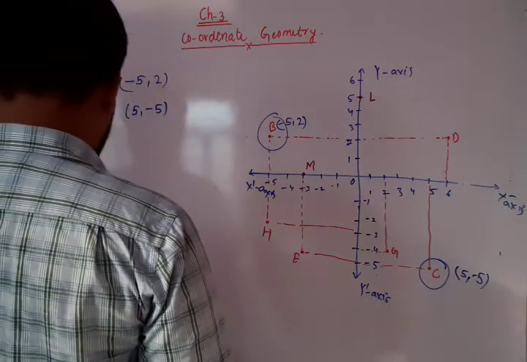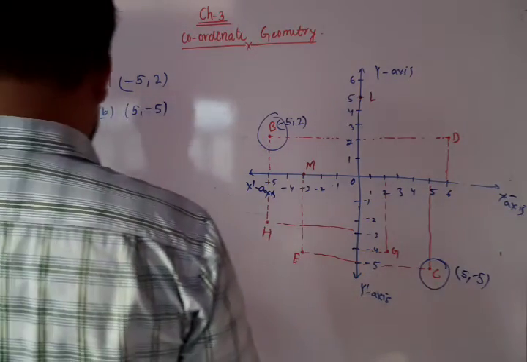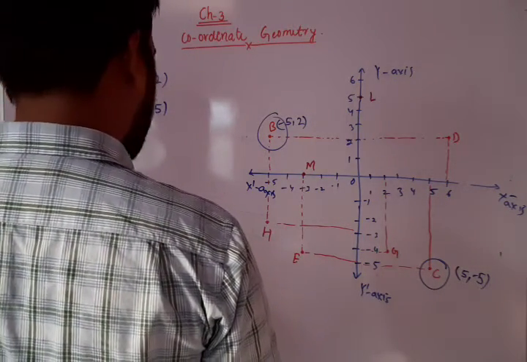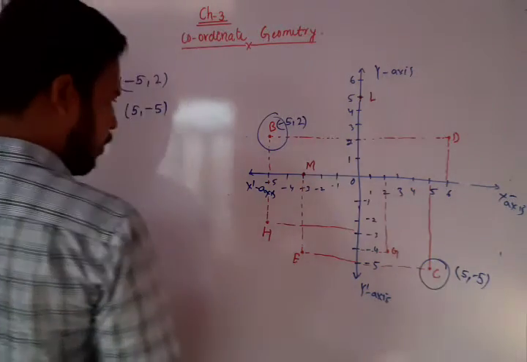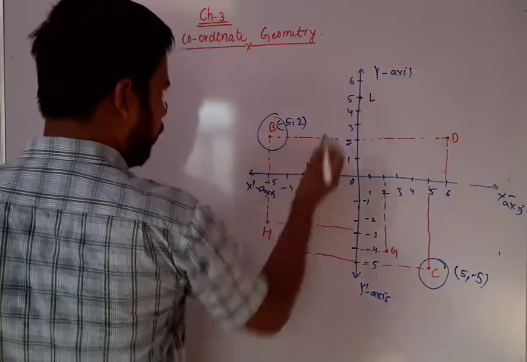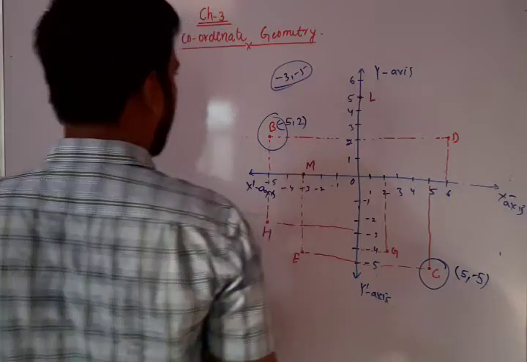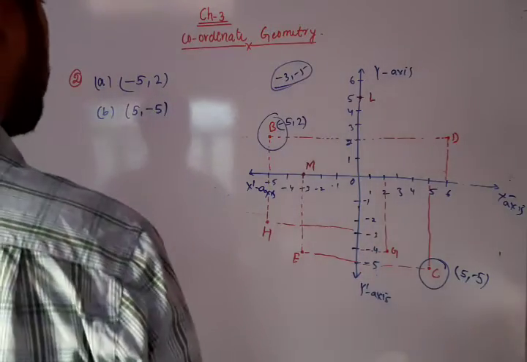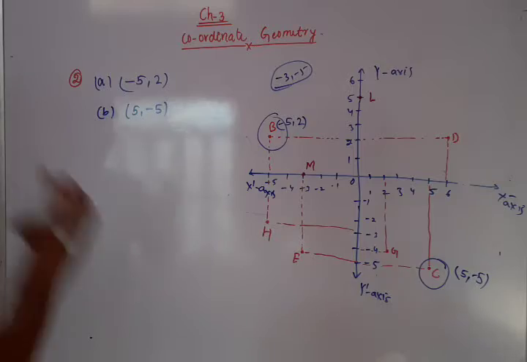Now, identify the point with coordinate (-3, -5). Now you have to tell which point is (-3, -5). Now -3 is this. This (-3, -5), x is negative, y is negative, so this point will lie in the third quadrant.